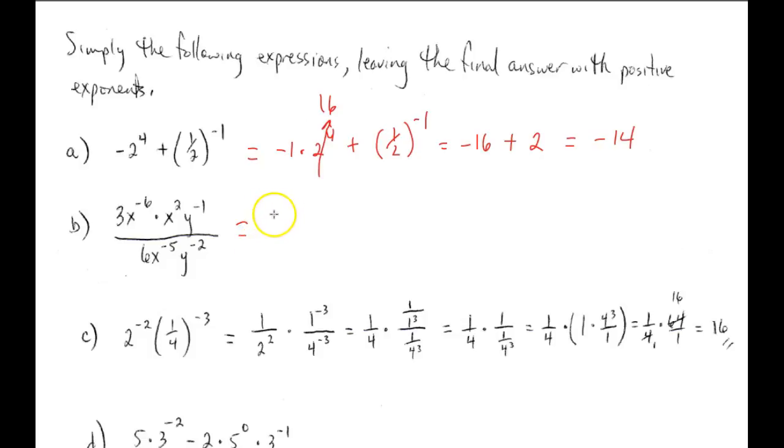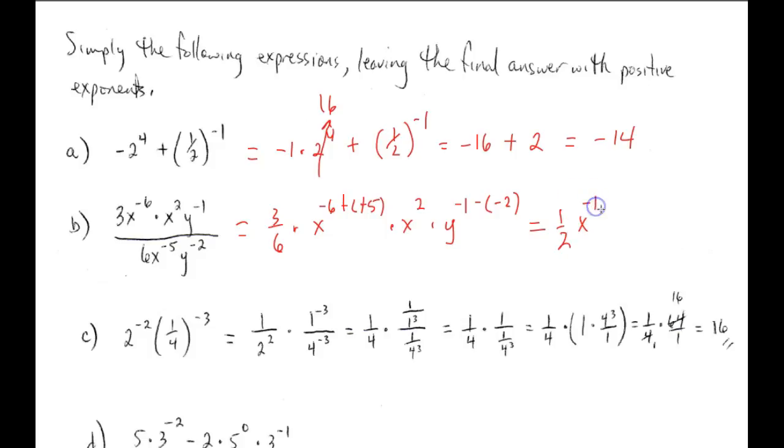For b, we have 3 divided by 6 times x raised to the negative 6 minus a negative 5 times x raised to the 2 times y raised to the negative 1 minus negative 2. Of course, we know that we have addition there. We know that 3 divided by 6 is the same as 1/2.